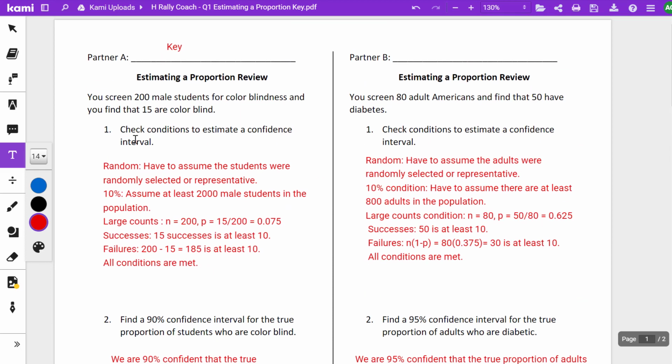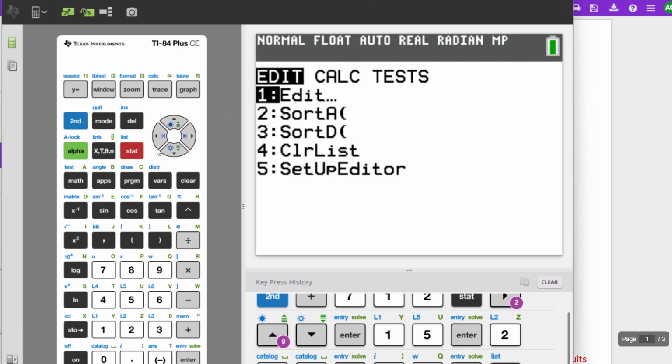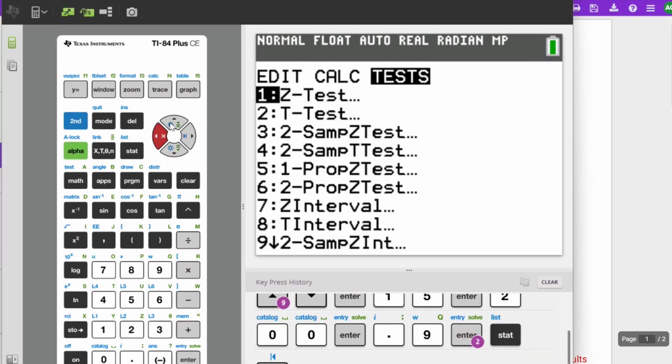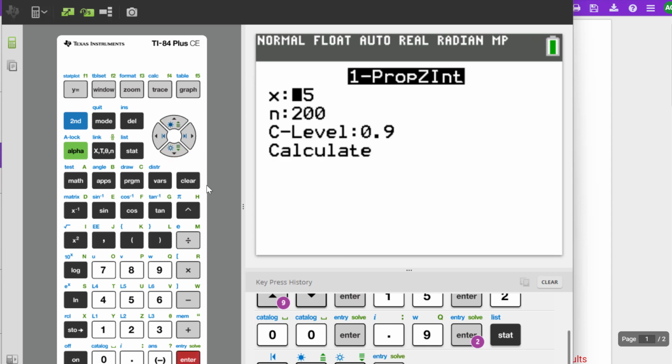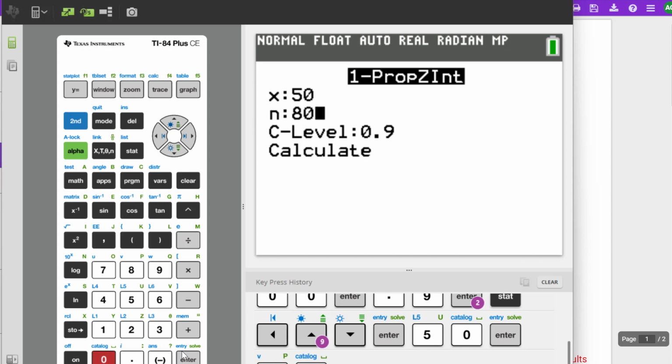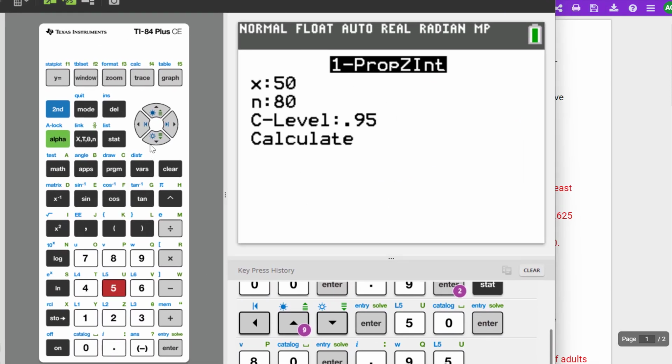And we have 50 out of 80 have diabetes. So we'll hit stat, test. We want a 1 proportion Z interval. That's what we want. And we said 50 out of 80. And this time I think we want a 95% confidence interval. Let me double check. Yes, 95%.